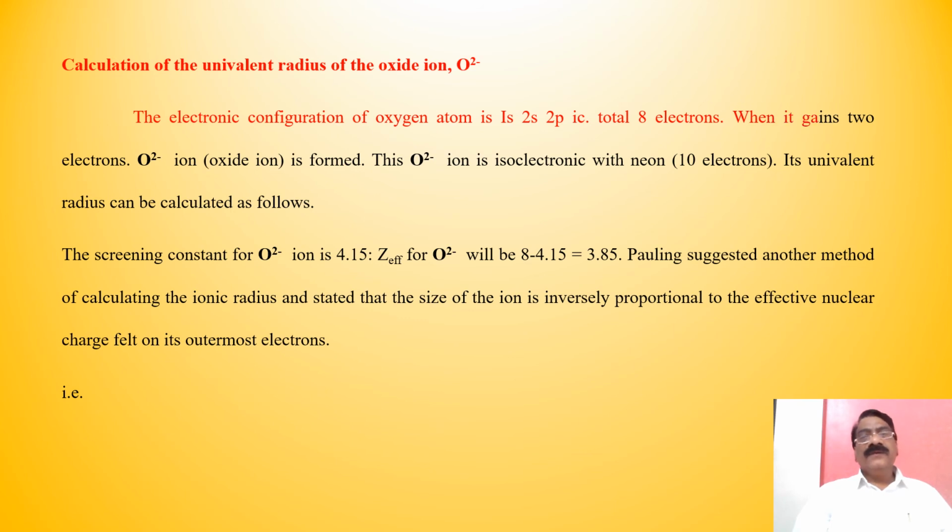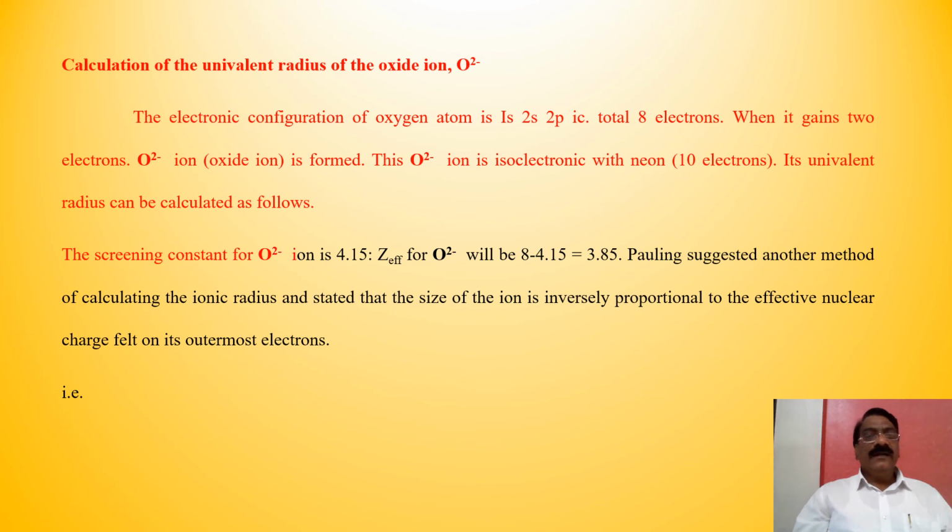The electron configuration of the oxygen atom is 1s2, 2s2 and 2p4, that is total 8 electrons. When it gains 2 electrons, the O two minus oxide ion is formed. Thus the O two minus ion is isoelectronic with neon, that is 10 electrons.